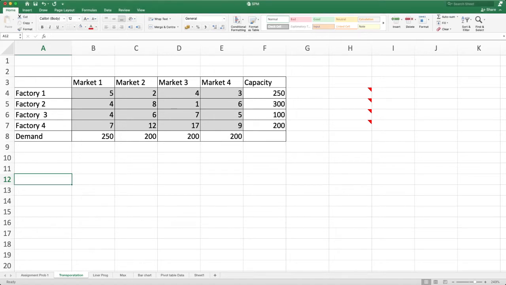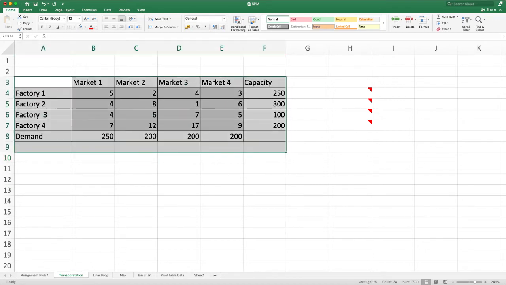So we have to copy this for doing the transportation problem. We have to copy and just lift it down.